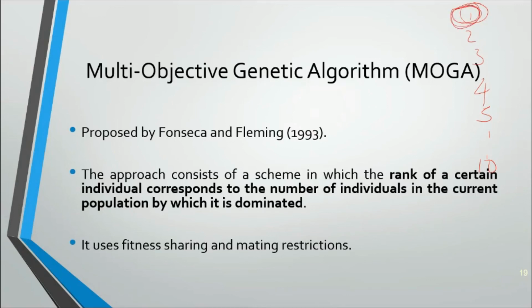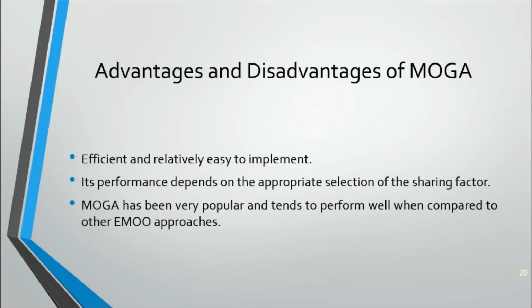So depending on that condition, we are finding out the rank. Then it uses fitness sharing and mating restrictions. So then there are other ways of doing multi-objective genetic algorithms also.